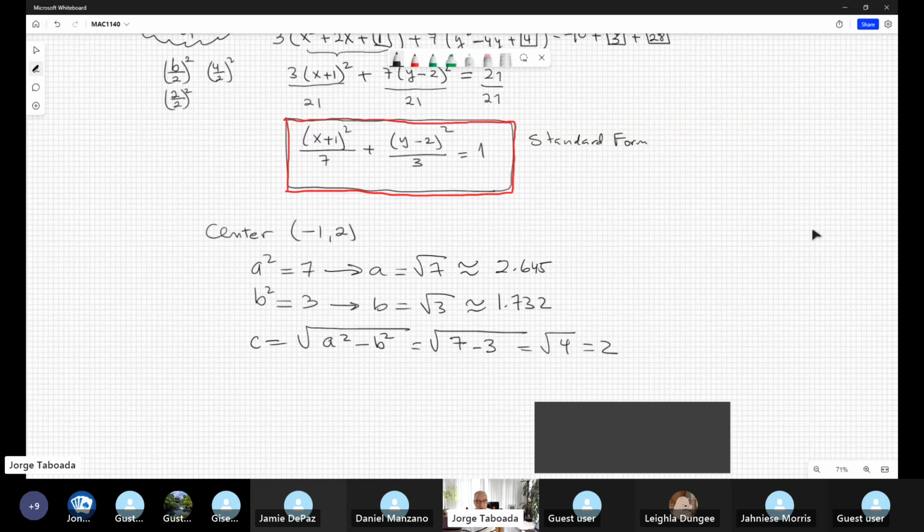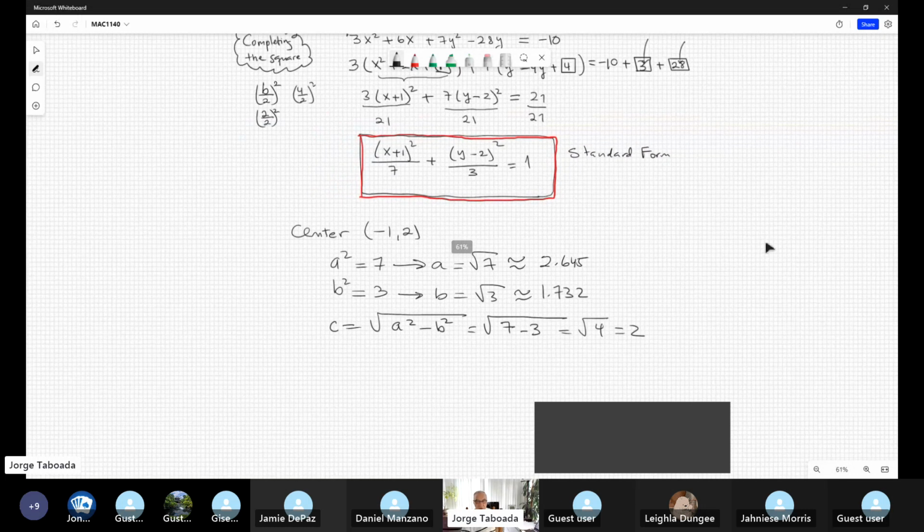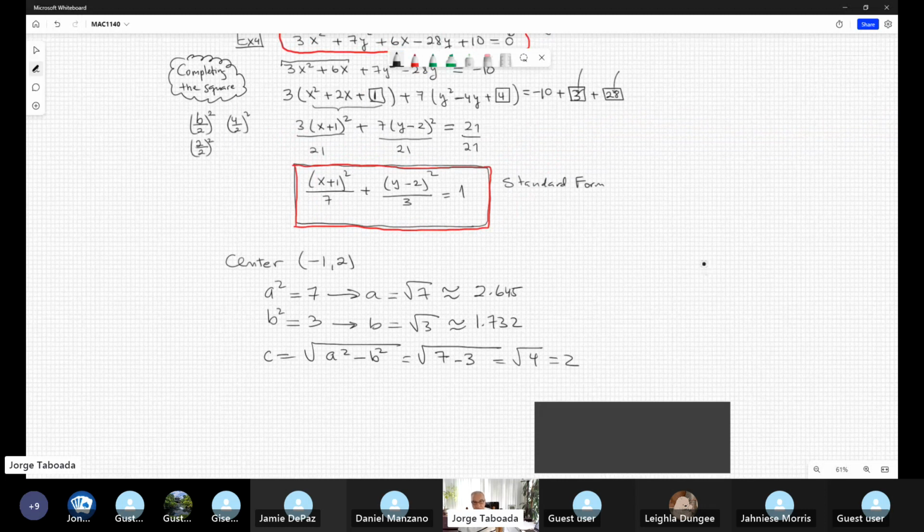By the way, I forgot to analyze: is this ellipse horizontal or vertical? Does it look like that or like that? Vertical, horizontal, what do you think?